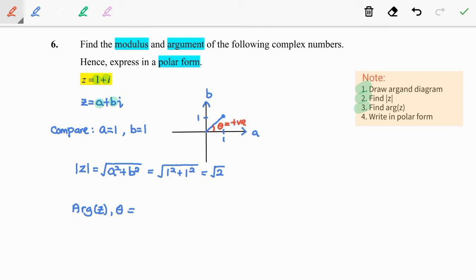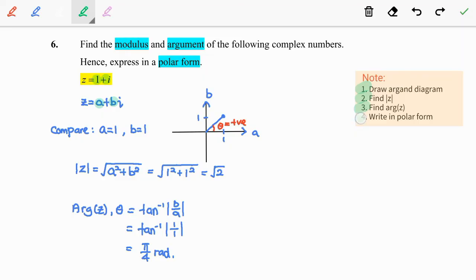So to find theta, it is equal to arctangent of modulus b over a. By substituting the values of a and b into the formula, we get arctangent of modulus 1 over 1, and this is equal to pi over 4 radian.